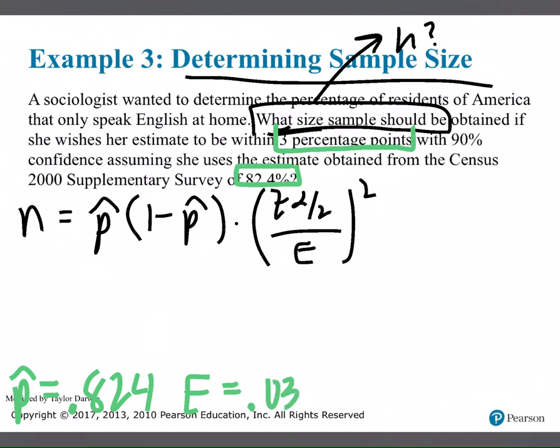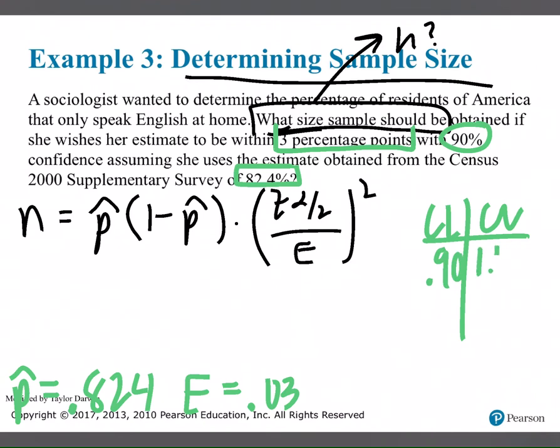And then I need to find my z of alpha divided by 2. That's just my critical value, basically. You can honestly just think of it like that. And that's when we're going to look at that little cheat sheet on the bottom right-hand corner of your z-score sheet, the positive z-score. And it's a 90% confidence. So you're going to go to that one where it's confidence level, critical value, 0.90. And the number that goes with that is 1.645.